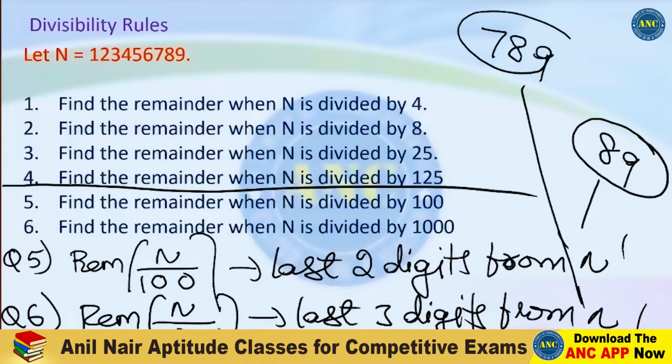When you divide a number by 100, you will get the last 2 digits of a number. When you divide a number by 1000, you will get the last 3 digits of a number. When you know the divisibility rule for 2 power n and 5 power n, 10 power n is nothing but the combination of 2 power n and 5 power n. I hope set of these 6 examples are very, very clear.